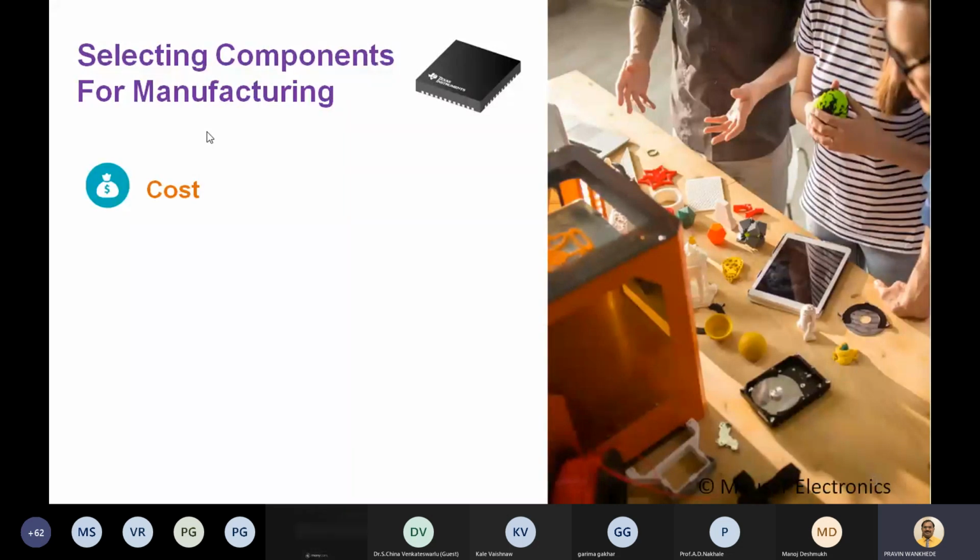Such components may be specialized, and due to this their cost may be high. In that case we can't do much, because those are specialized components and that is not in our hands. But if you have a general component, and if you know the alternate sources or alternate components, try to go for the other components also.